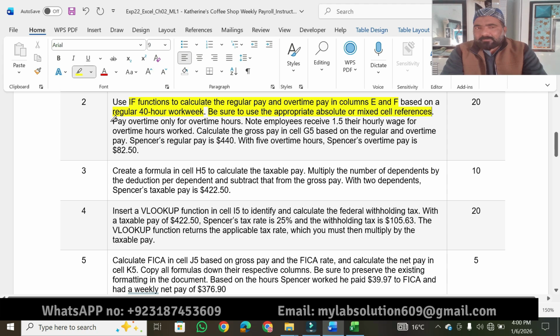Pay overtime only for overtime hours. Note employees receive 1.5 times their hourly wage for overtime work. Calculate the gross pay in G5 based on their regular and overtime pay. So after calculating we will get a regular pay of $440 and overtime pay of 82.50.